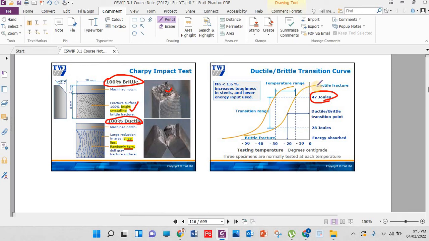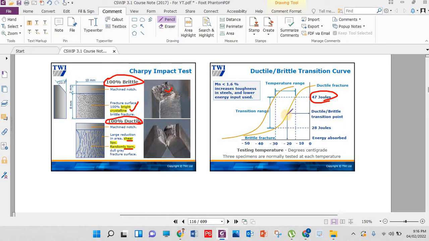Just understand it. If we have a ductile fracture, as the temperature reduces, at almost 20 degrees this is the transition stage. Before that it was ductile. At minus 20 degrees, it is going brittle.